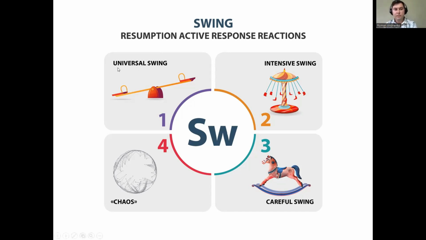This is why we have the universal swing, the intensive swing, the careful swing, depending on the severity of the problem. And we have the atomic bomb of Scenar, which is called swing 4, chaos, where such parameters as frequency, intensity, gap, treatment energy, and damping are changed absolutely randomly, chaotically. There is no way our body will not react to this.